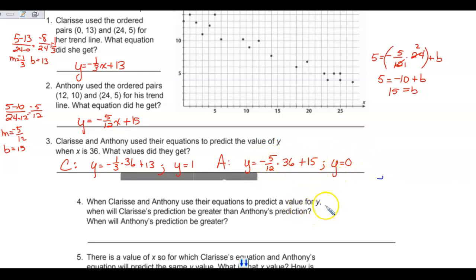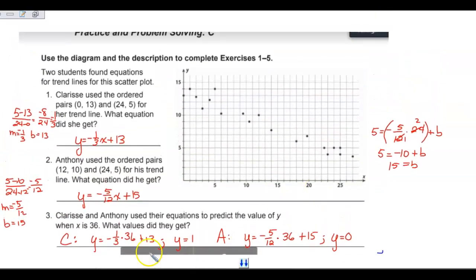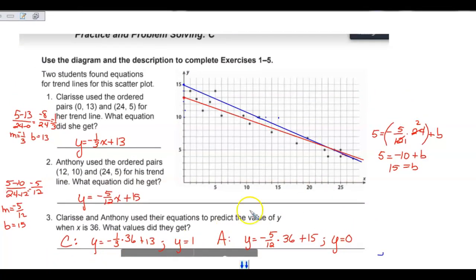When Clarice and Anthony use their equations to predict the value of y, when will Clarice's prediction be greater than Anthony's, and when will Anthony's prediction be greater? The best way to do that is to graph the lines. So I'll do that. Hold on a second. I drew Clarice's line in red and Anthony's in blue so you can see them.